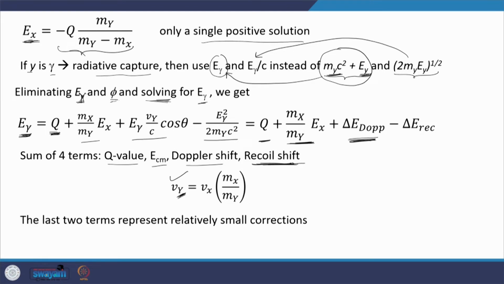And in general, these last 2 terms represent relatively small corrections, but of course, sometimes they may play an important role. So, we need to have numerical expressions for the last 2 terms, that is Doppler and recoil effects. What are those relations? Let me present here directly.